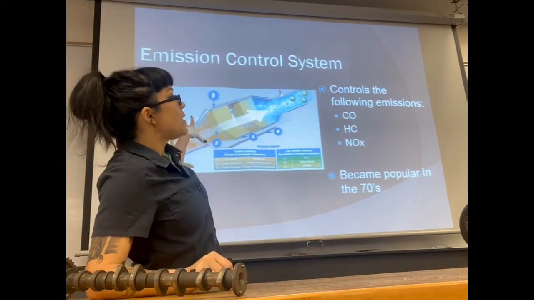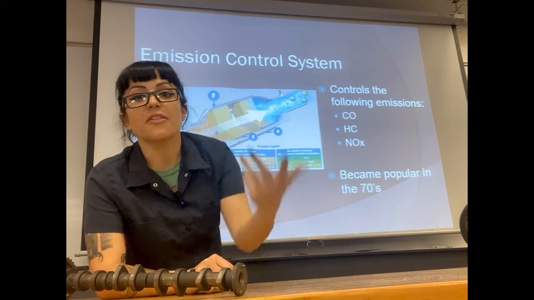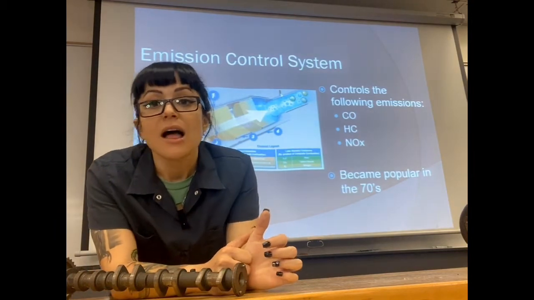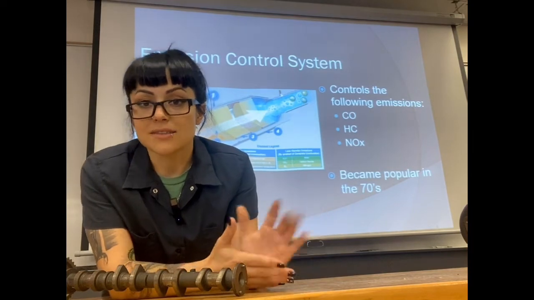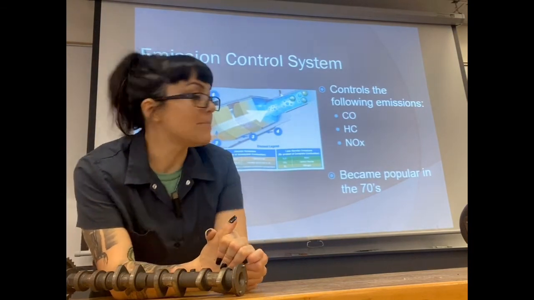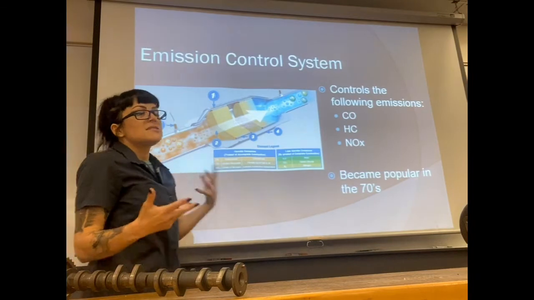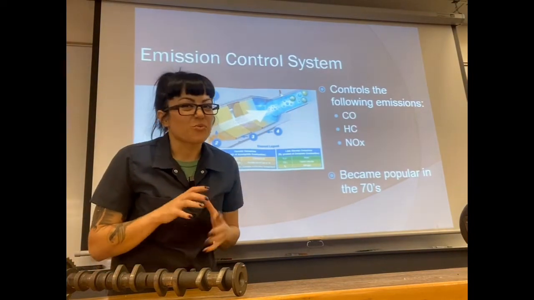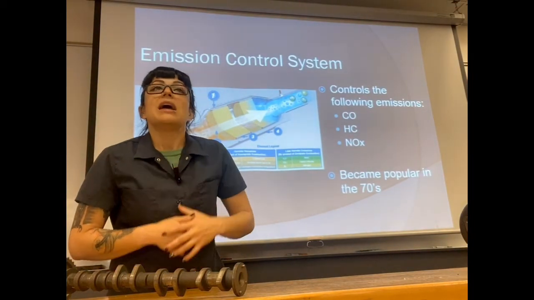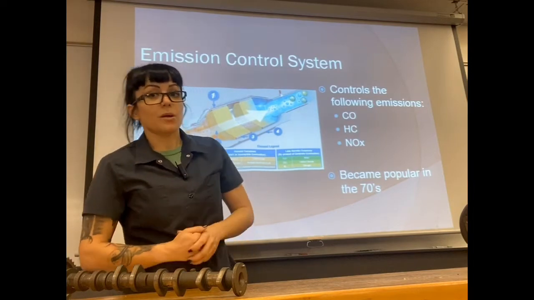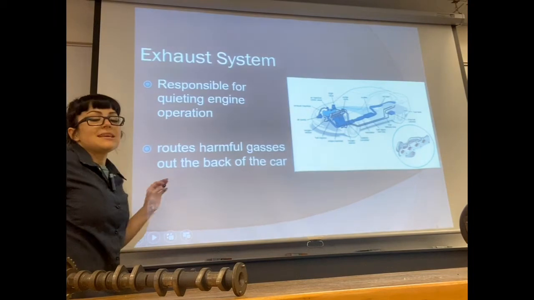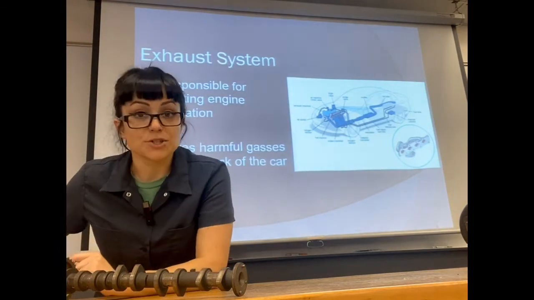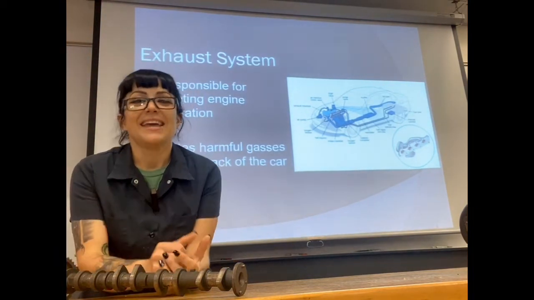And that's going to help clean up these emissions, but you also have other emission controls as well, like an EGR and secondary air pump and things like that that are going to help control these same emissions. In the 70s, we realized that this was a really big problem, and so emission control devices became pretty popular on vehicles around then.